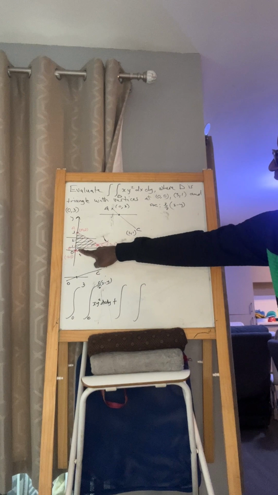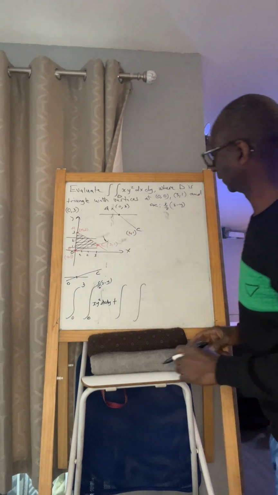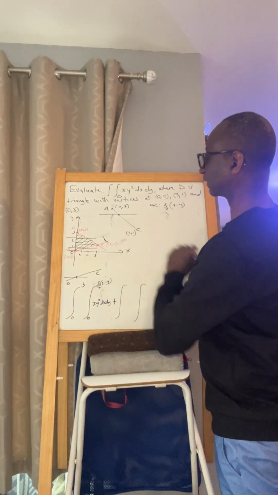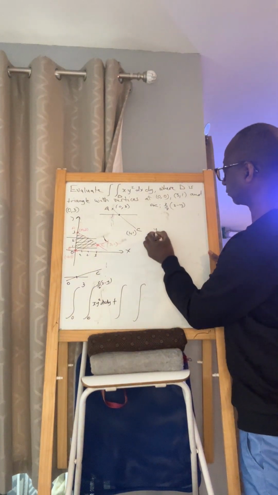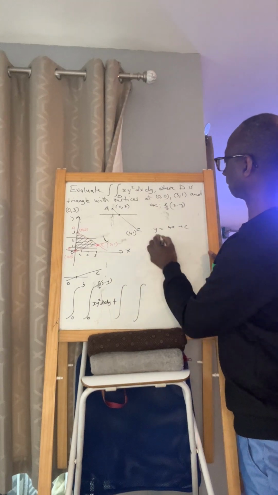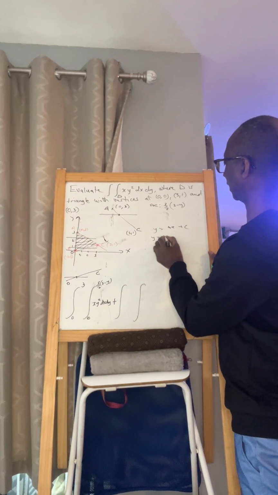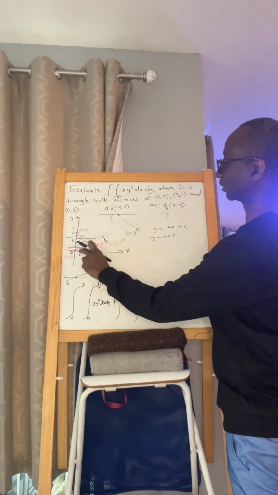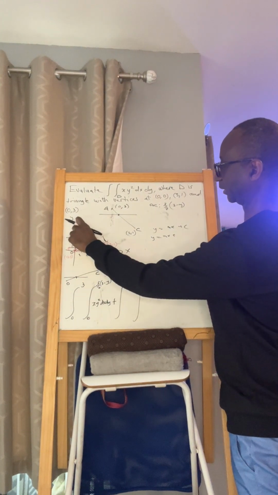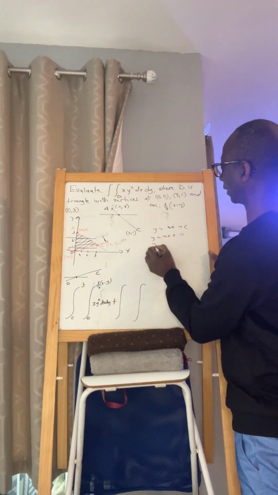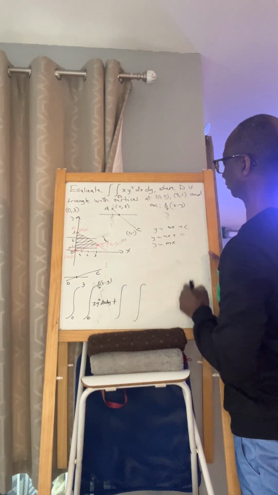Now let's consider the line BC. The line BC, let's find its equation again. We still have y equals mx plus c. Where does it cut the y-axis? It cuts the y-axis at 0, not 3. The one before was 3, this one at 0. So c is 0. So now we have y equals mx.